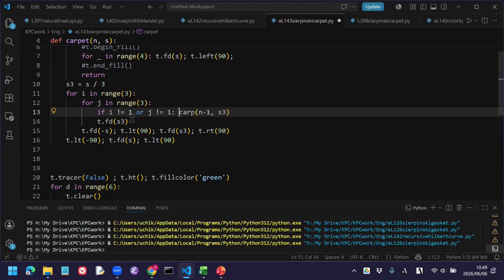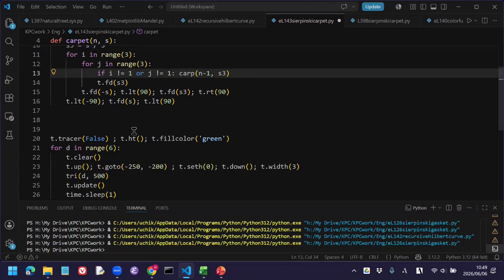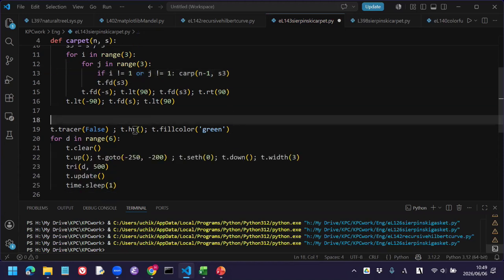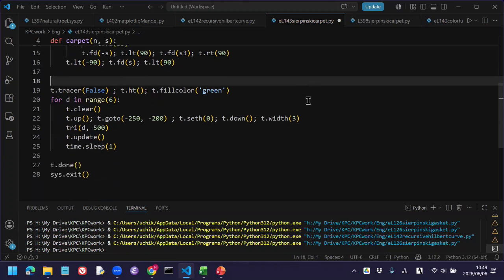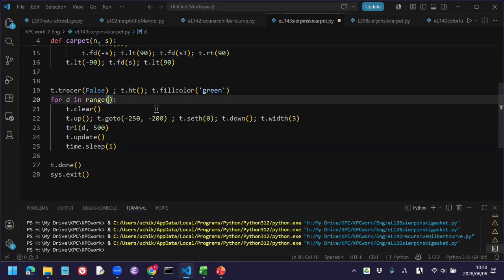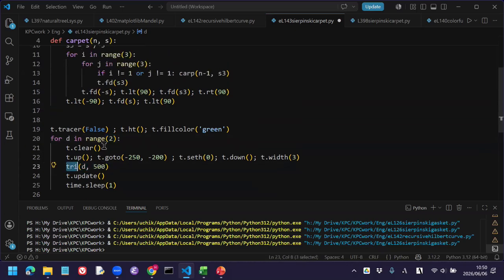If it's the center, I mean if i double equals 1 and j double equals 1, we will do nothing. Instead, just go forward by s. I'm sure this will successfully draw it. So let's take a look, say up to 1, 2. Let's see if we can draw it well. Here, instead of tri, we will call carp.